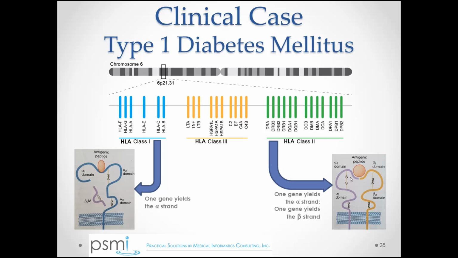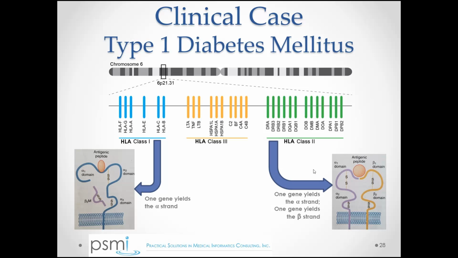Together, the alpha and the beta strands come together to form the HLA class 2 molecule, these also sit on the cell membrane of various cells, and together they also form an antigen binding groove, and an antigen, a foreign protein, can nestle into that groove, and once that foreign antigen is nestled in that groove, it can then be presented to T cells in order to mount an inflammatory response.